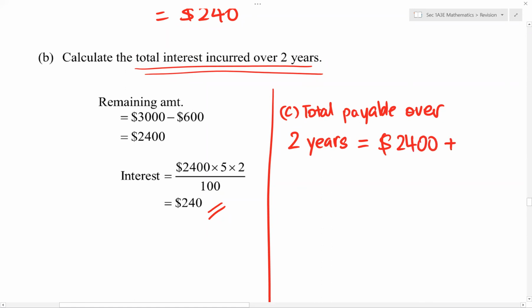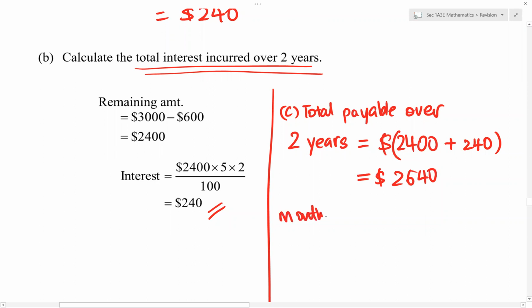This is what she owes, right? 2,400 plus the interest, 240. I'm not talking about the deposit. She paid the deposit $600 already. She still owes $2,400 to be paid over 2 years plus interest of $240. So she still needs to pay $2,640 over 2 years.